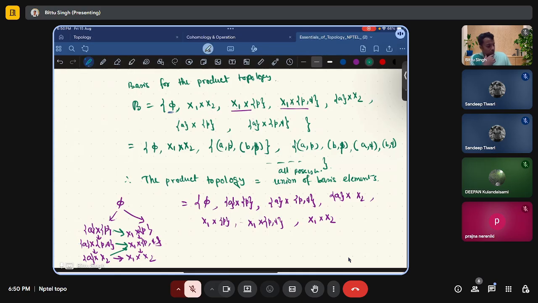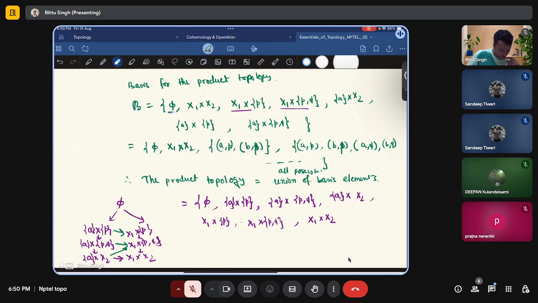So now we need to take every possible union. What are the non-trivial unions?